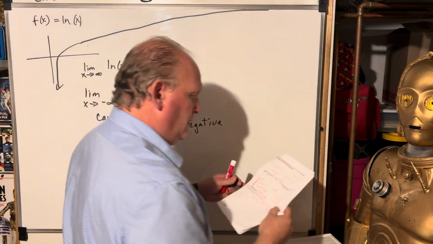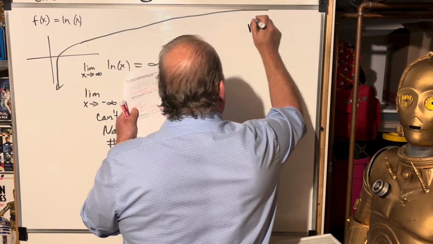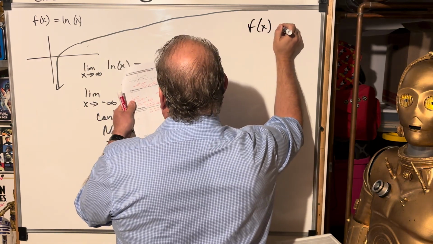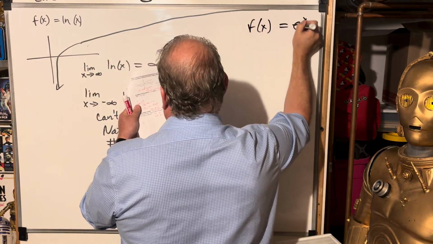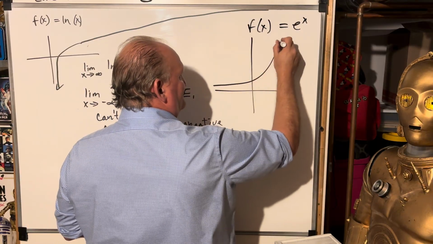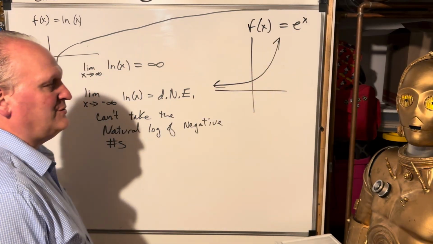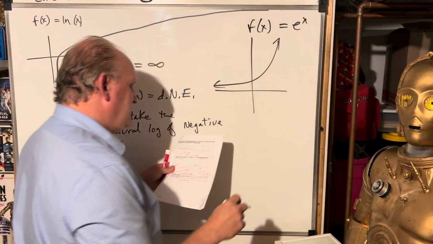Okay, logs are fun. What about f of x equals e to the x? That's really, at the end of the day, an exponential growth problem. It's just that your base is 2.7 non-repeating decimal.